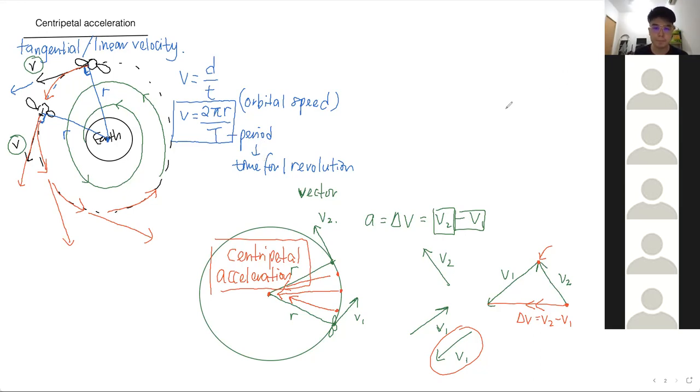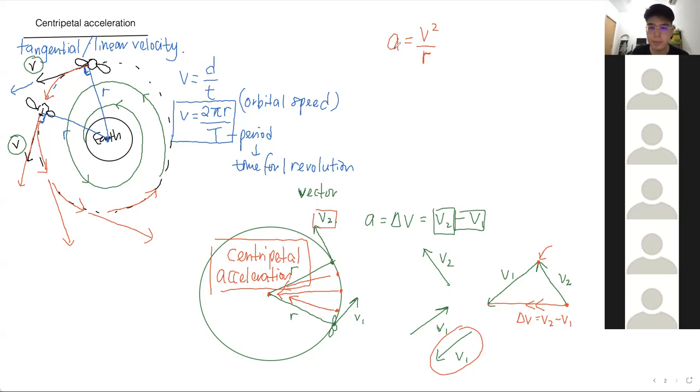Okay, now, centripetal acceleration is equal to v squared over r. There's a formula for this. Write this down. V squared over r is the centripetal acceleration. V is the linear velocity.